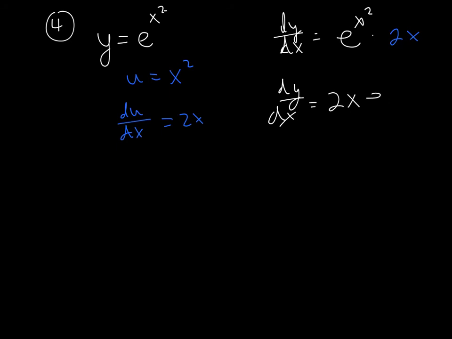So 2x e to the x squared. Notice at the end I'm just putting my other function in front of the e to the whatever power, just because that's sort of standard notation.